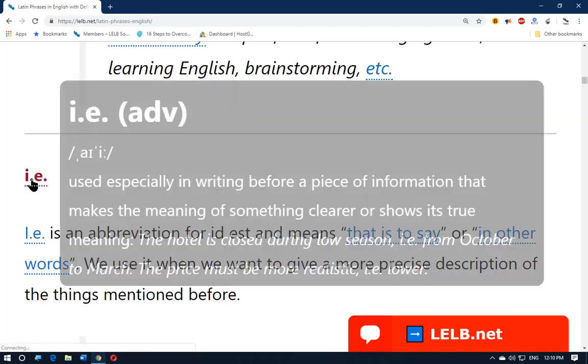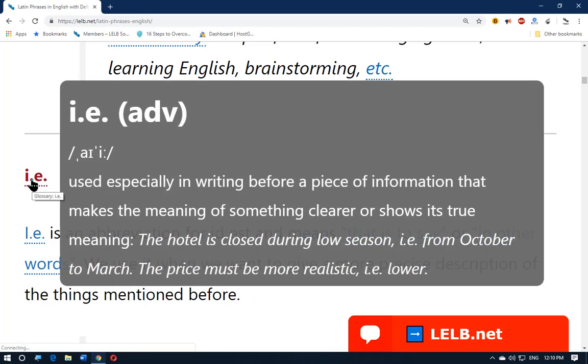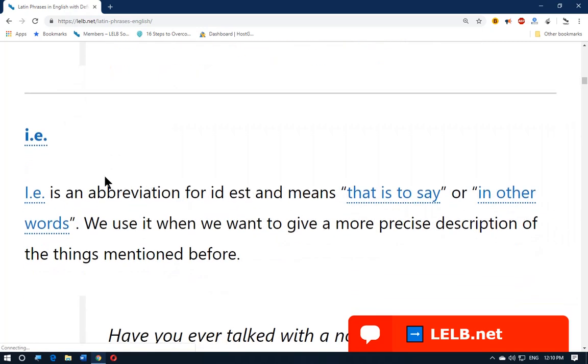I.e. is the next Latin phrase, used especially in writing before a piece of information that makes the meaning of something clearer and shows its true meaning. That is to say, you could say. I.e. is an abbreviation for id est and means "that is to say."